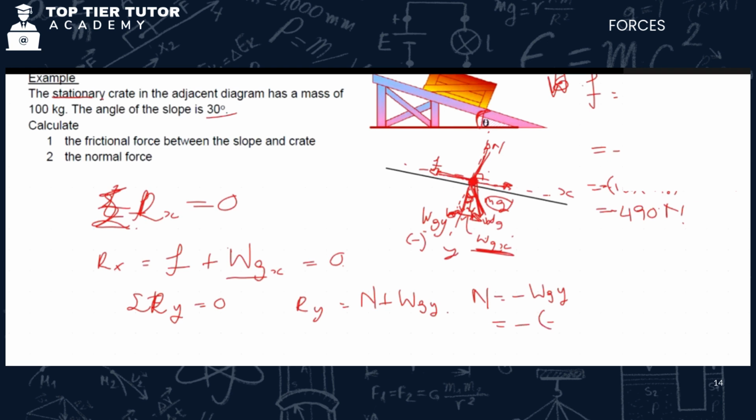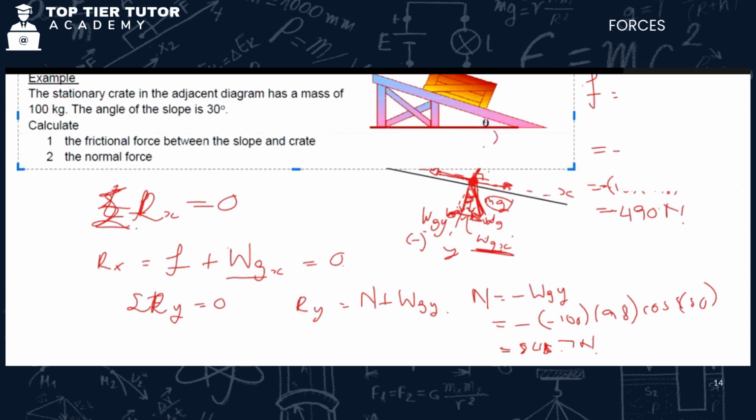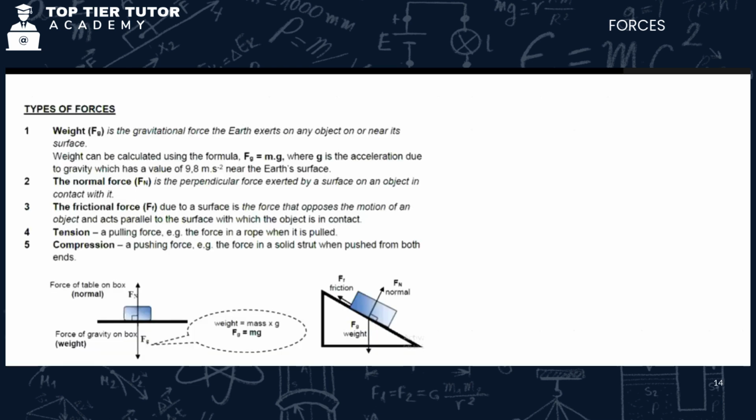We will multiply it with the mass and the gravitational acceleration. We use cos of 30, and that would give us 848.7 newtons. Because it is positive, we will say it's going up, because we've chosen going up as positive.